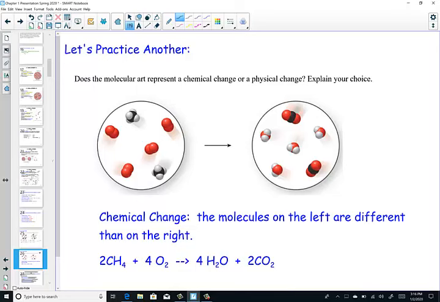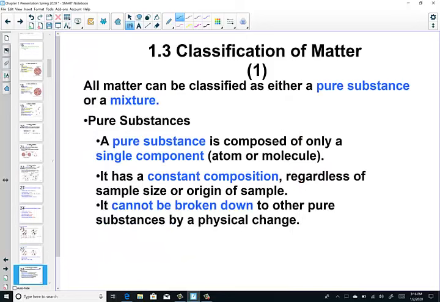Good. So we've been practicing recognizing the classification of matter based on its phase. Is it a solid, liquid, or gas? We then practiced recognizing chemical and physical properties, and chemical and physical changes. I'd like to next talk about how we can classify matter based on its composition.